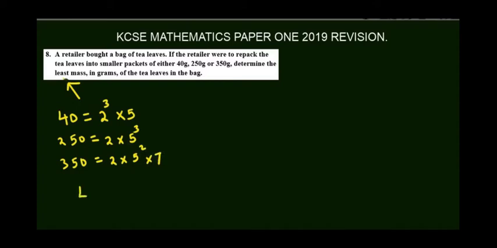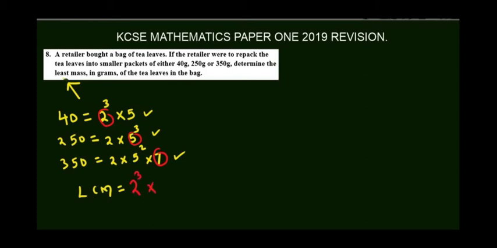So in order to get the LCM, we will have to go by all the factors that appear in all these expressions. For example, 2 appears here, we have got 5, we have got 7, but we will have to consider ones with the highest powers. So for 2, the highest power will be 2 power 3.